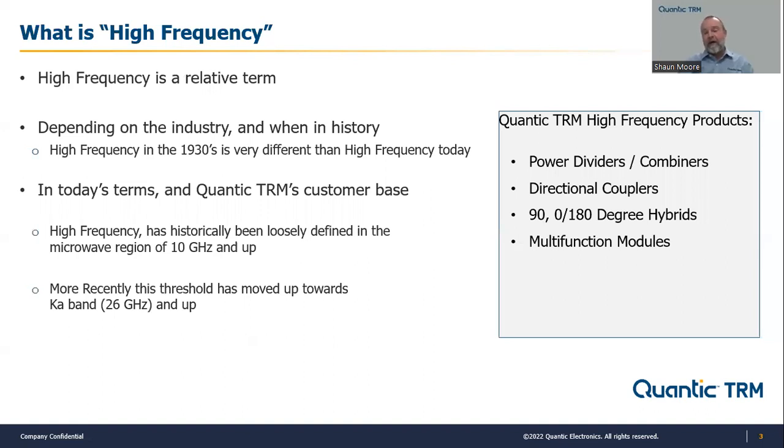As time goes by, that line of where high frequency starts keeps on changing. With today's terms, we're looking at Ka band and above, which is 26 gigahertz, as the new high frequency. I know when I first got into this industry, X band was a high frequency. It's not quite so high anymore.